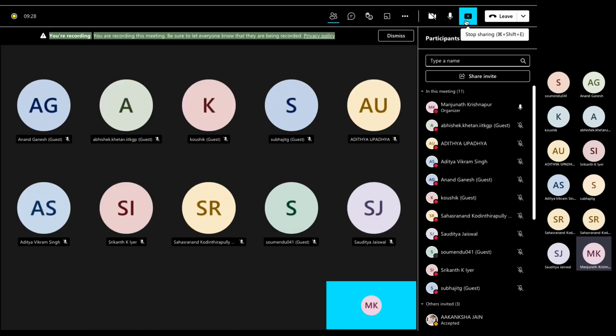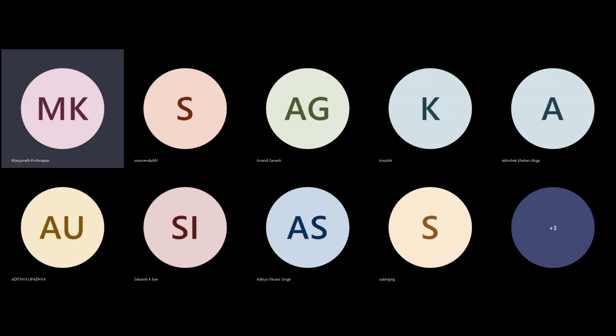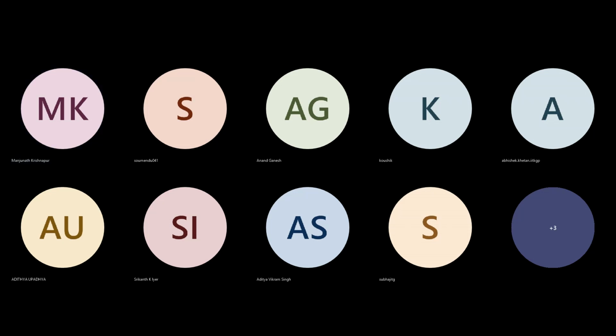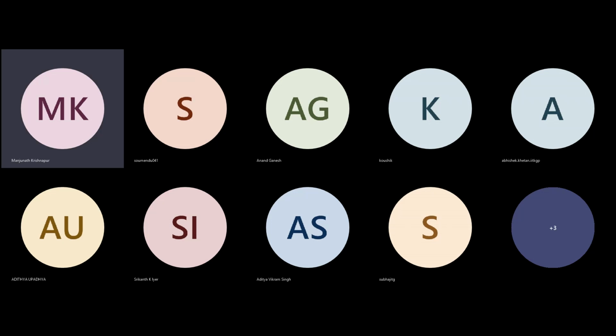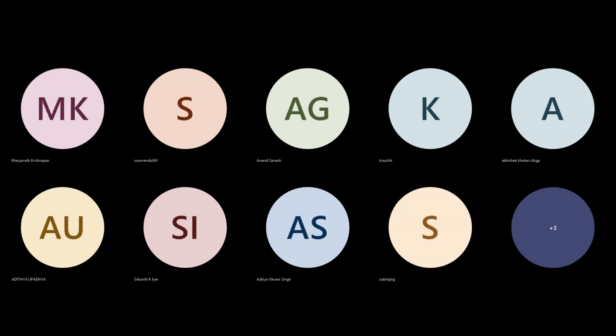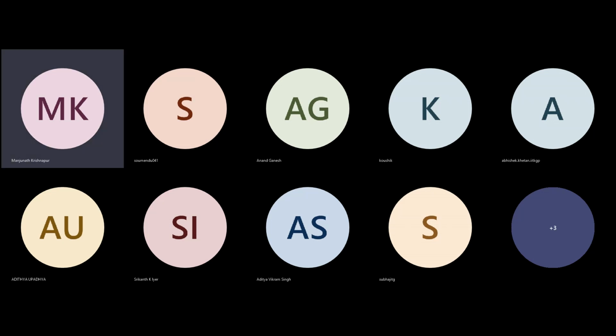Okay, so now let me share the OneNote. Oh, it's not showing the OneNote. That is because it's on another desktop. Irritating fact. I know how to do it now. Sorry about this.